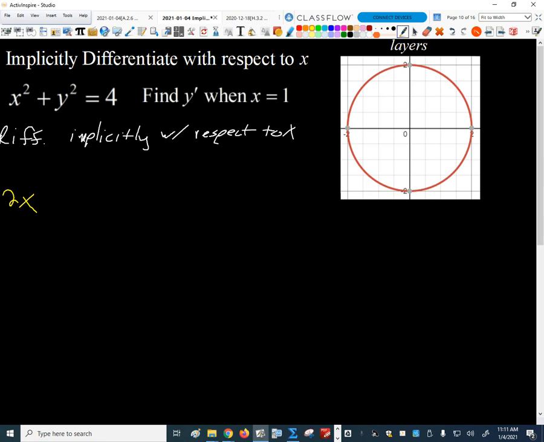Because we're differentiating with respect to x. Now, could we apply the chain rule? Yeah, we could. I want to just show that to you, right? If we're differentiating x squared with respect to x, I could treat this like a chain rule situation with two links. I've got a power function, so the derivative of something squared is 2 times something times the derivative of what's inside.